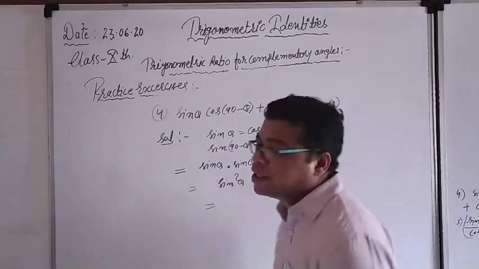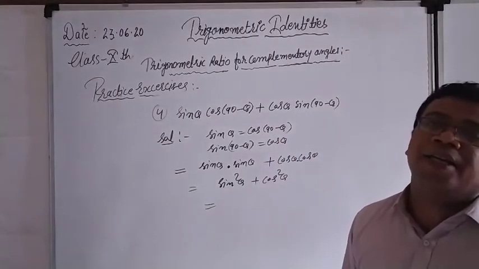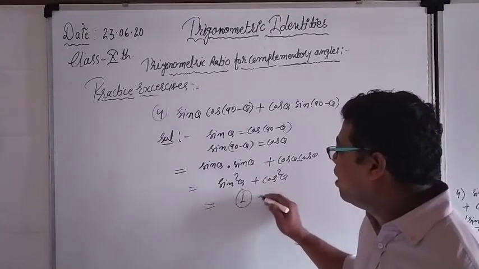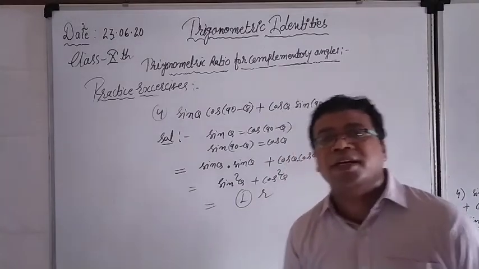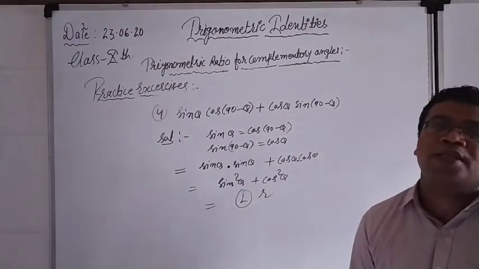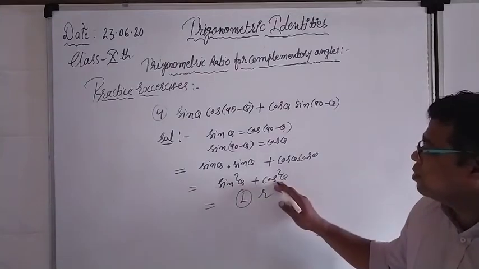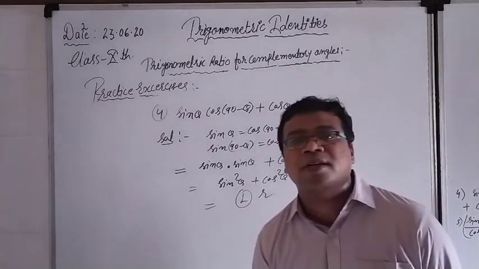Now you can understand sine square theta plus cos square theta is already an identity, and its value is 1, which we studied in the previous chapter. So this is the solution.